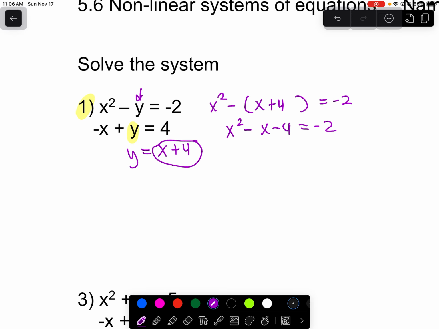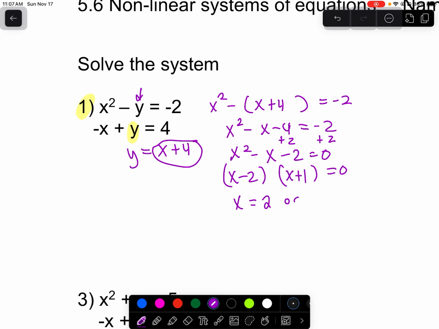And you might recognize that as a quadratic. Now, to solve a quadratic, that -2 needs to be moved to the other side. So let's add 2 to both sides. And then let's factor it. So we get x minus 2 and x plus 1. So we get solutions of 2 or -1.